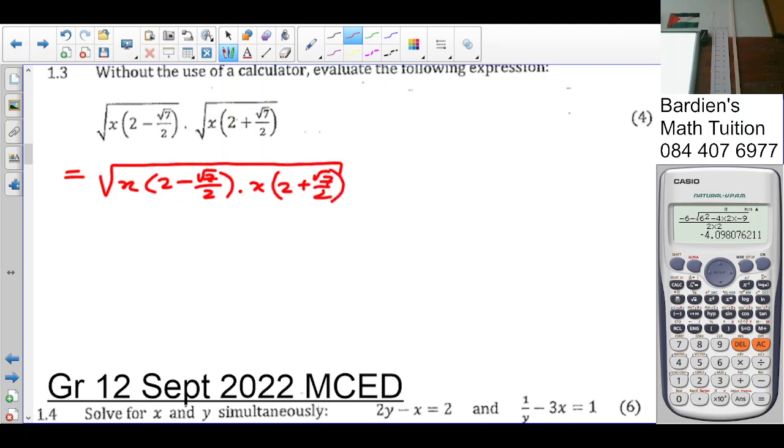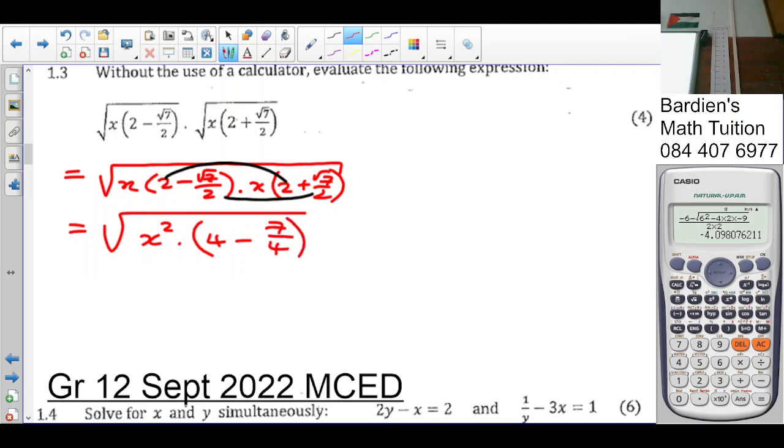I didn't have to write this, okay? What's x times x? x squared. And as you can see, this is the conjugate pair. I multiply the first and the last. I could have done that from the beginning already. So that's 2 times 2 is 4, minus root 7 times root 7 is 7, over 2 times 2 is 4.